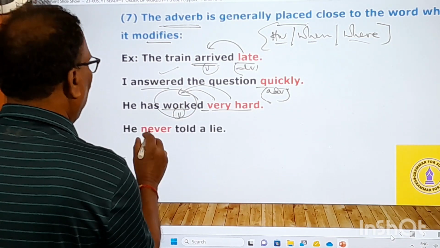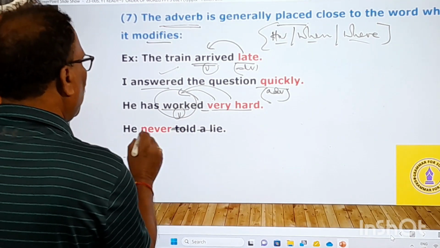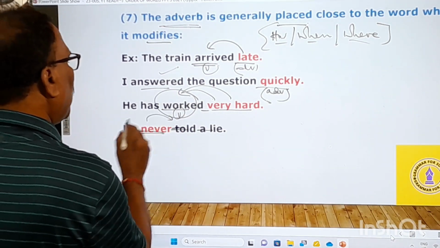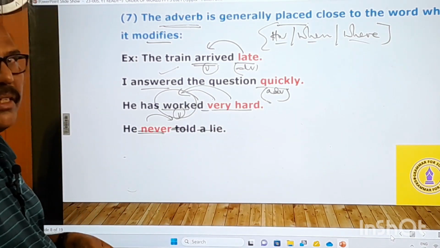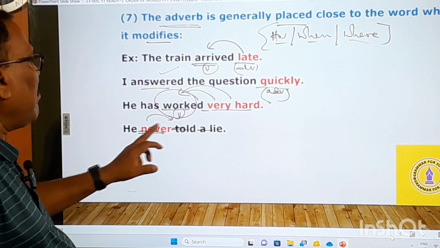He never told a lie. He never told a lie. So here, never told. You cannot say he told a lie, never. It is not the right order. He never told a lie.